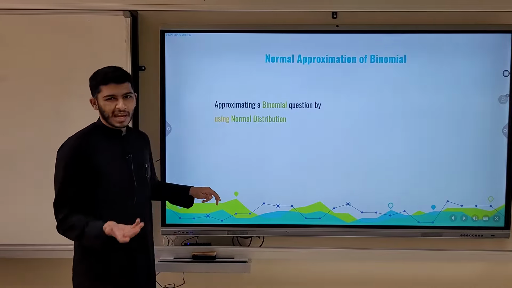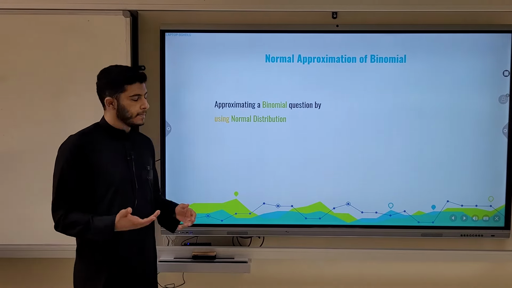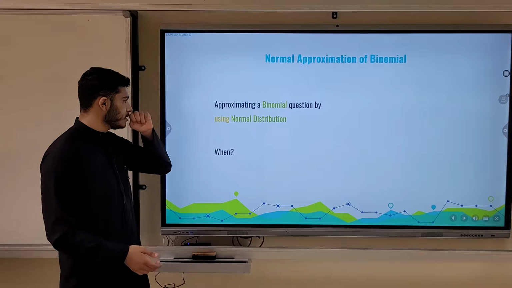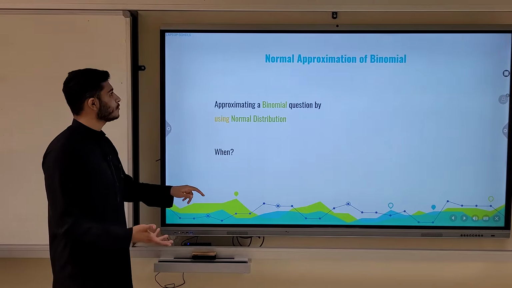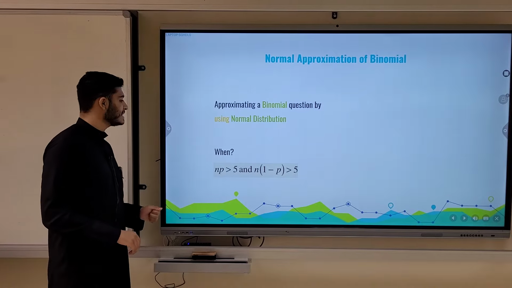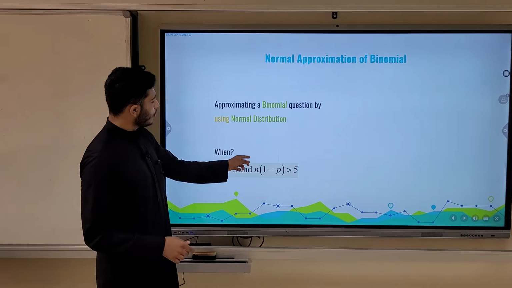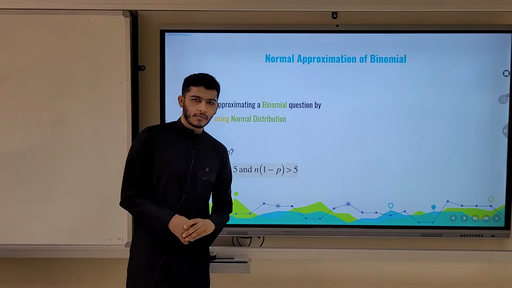Well, when can I do that though? I would assume that I cannot do that all the time. Yes, there are some conditions that need to be met in order for you to be able to use this approximation, which is that np is greater than 5 and n(1 minus p) is also greater than 5.